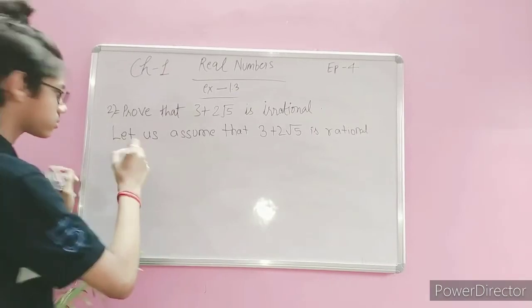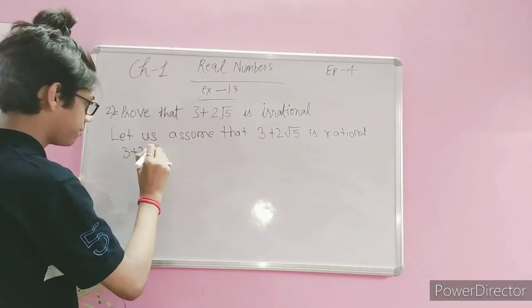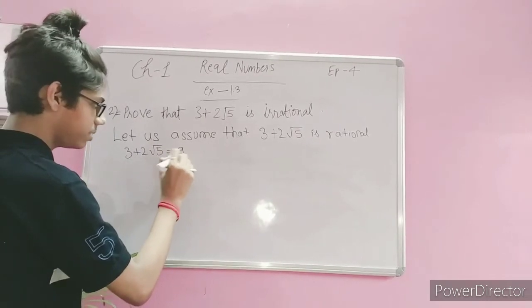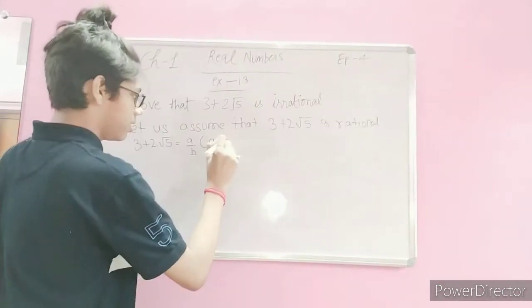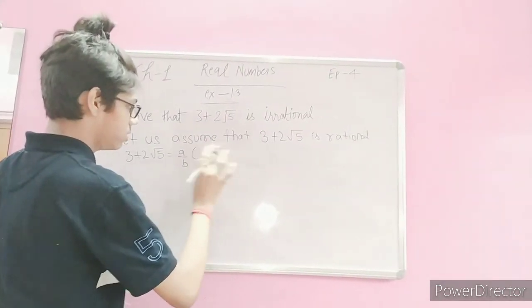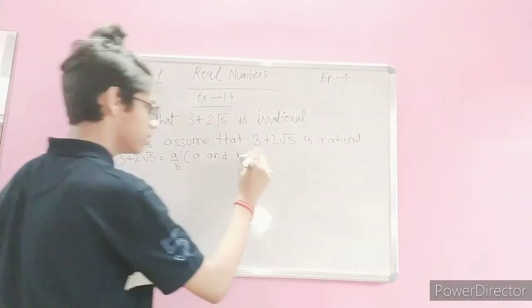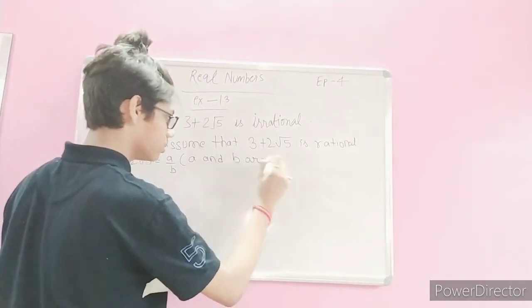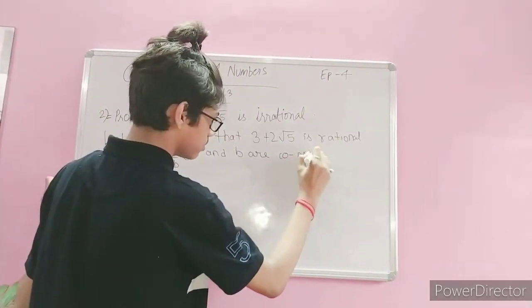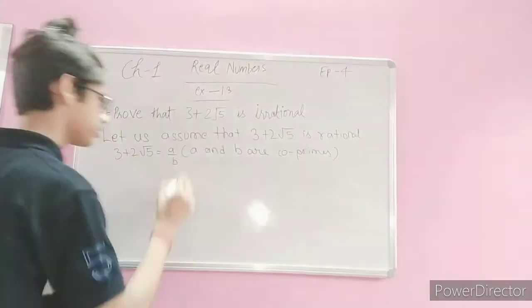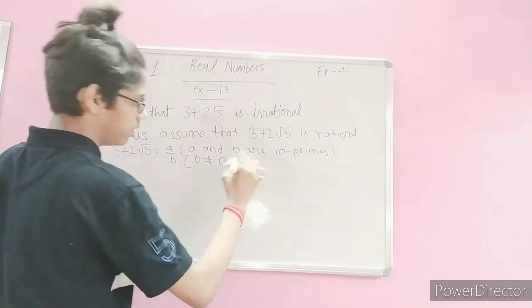Now 3 plus 2 root 5 is equal to a by b, where a and b are co-primes and b is not equal to 0.